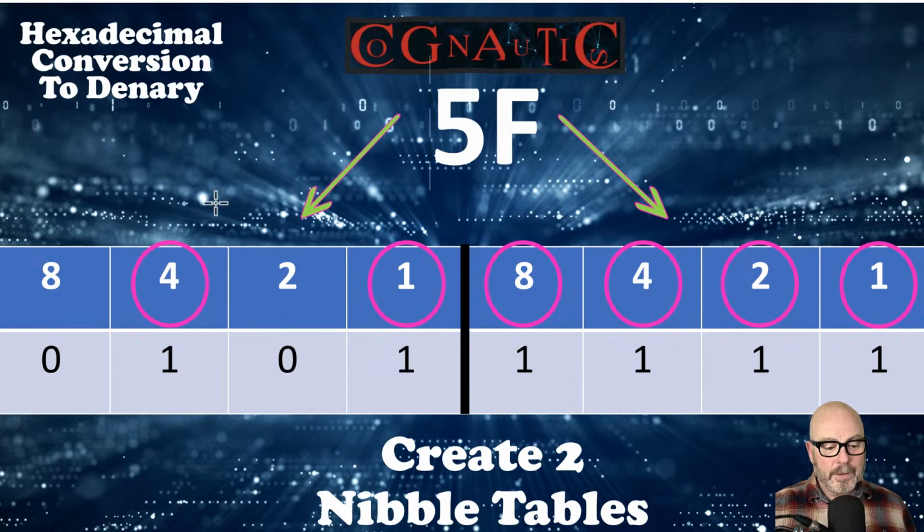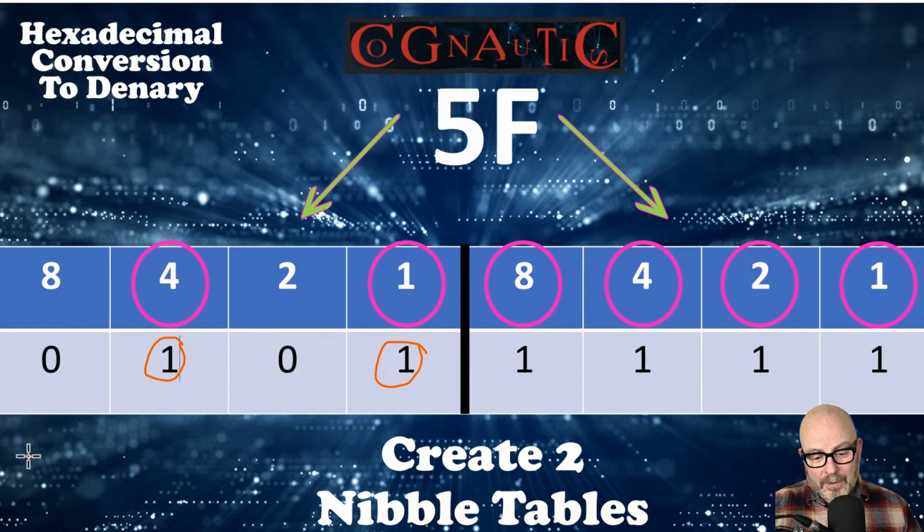You fill out the grid, and then ask yourself, what is the biggest grid number that goes into our number? Well, 4 goes into 5 once, so I've put a 1 there. What's left over? 1 is left over. What's the biggest number that goes into 1? 1. And we've resolved that.